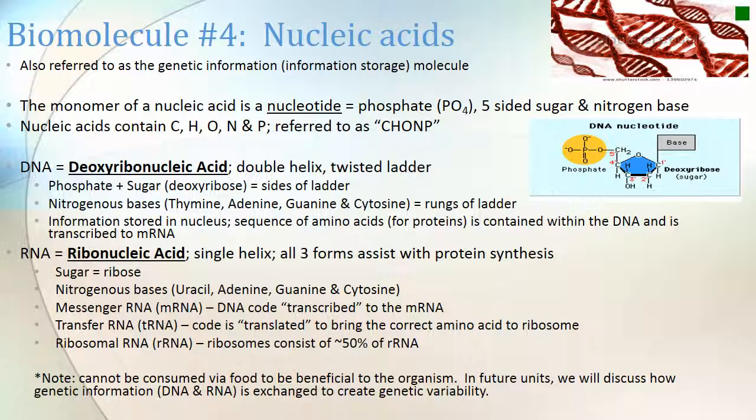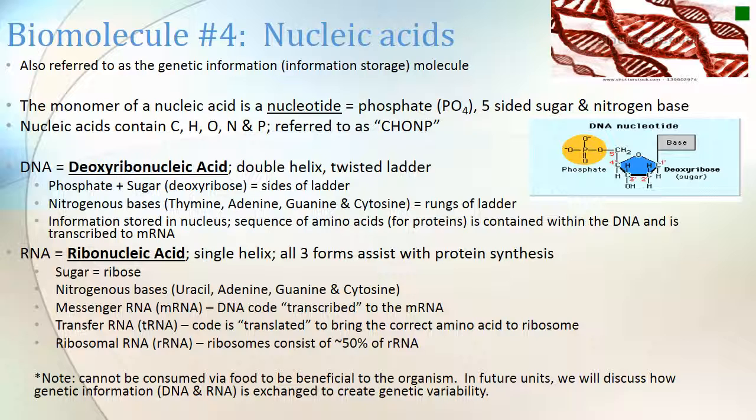And the nitrogen bases in DNA can be of one of four types. And your DNA has all four of these in different order and different combinations. They would be thymine, adenine, guanine, and cytosine. We will go into a lot greater detail about DNA in our molecular genetics unit, but just as a reminder, you will need to know that this information, the DNA, is stored in the nucleus.